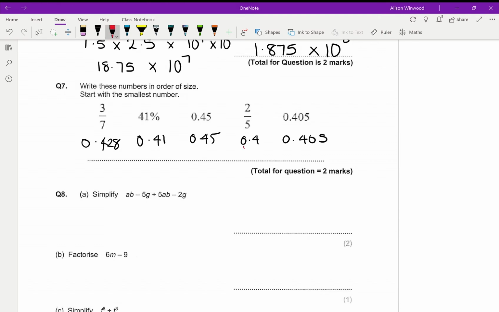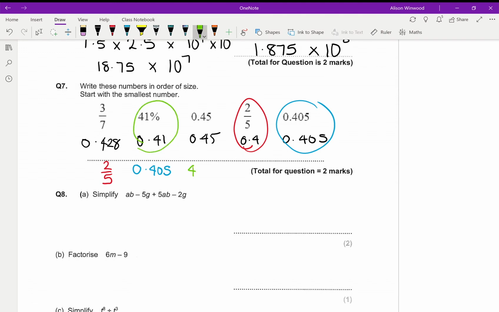So number 1 is 2/5, number 2 0.405, number 3 41%, number 4 3/7, and number 5 0.45.